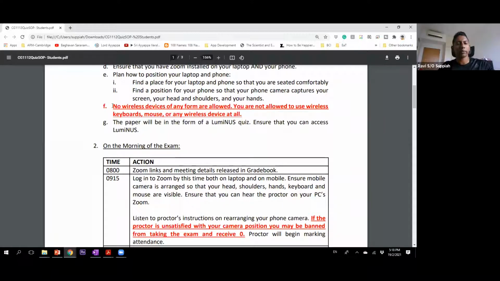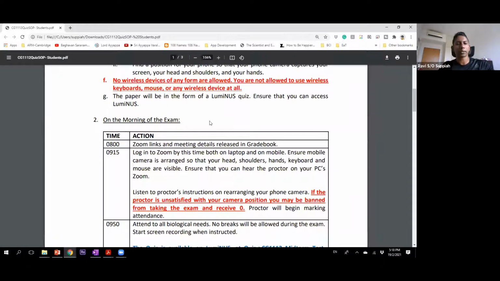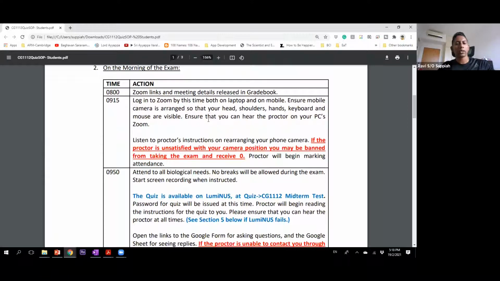Point F says that you're not allowed to use wireless devices for the test, and we will be using Luminus quiz. That part is already known. The timings are very important.